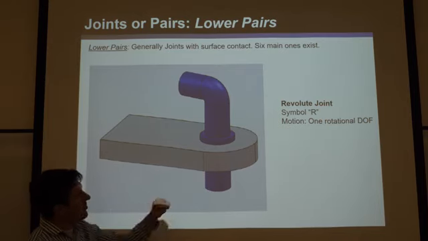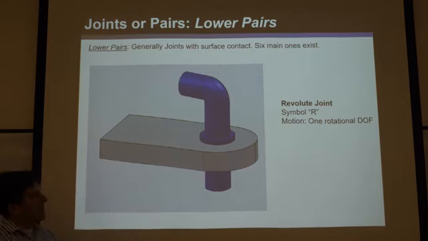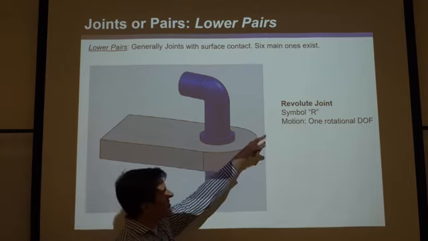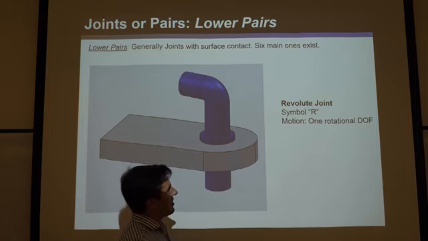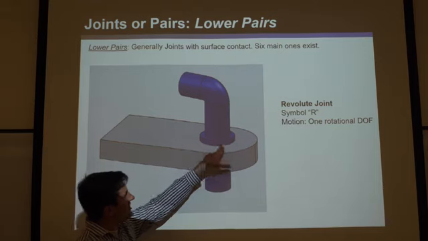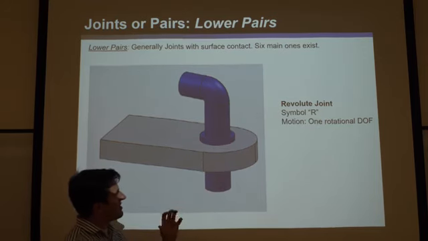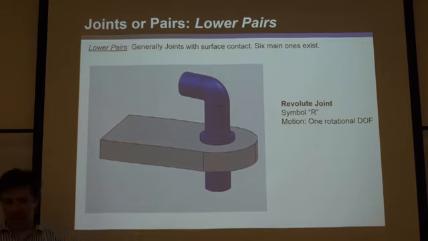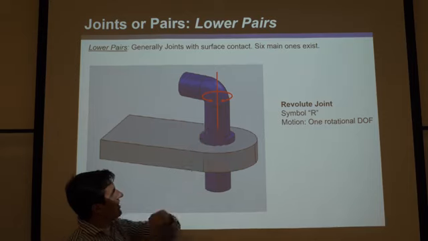So this is an example, we've looked at this before, a revolute joint or a pin joint or rotational joint, where R stands for revolute. Its symbol can be called R. And you can see here it's basically a cylinder inside a cylinder, and then there's lips, one on the top and one on the bottom you can't see, and it basically only allows a rotational degree of freedom between this link and the blue link there.